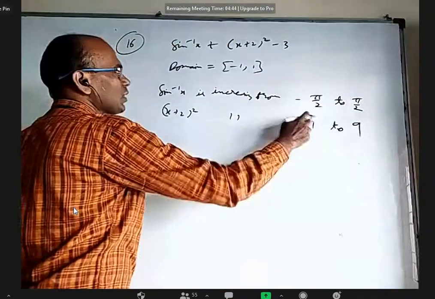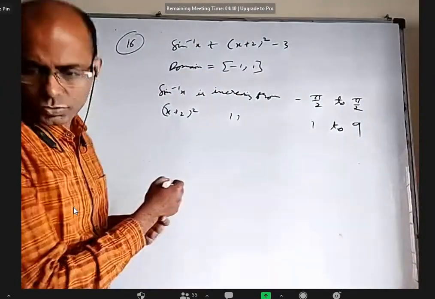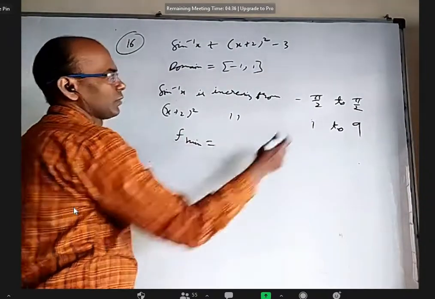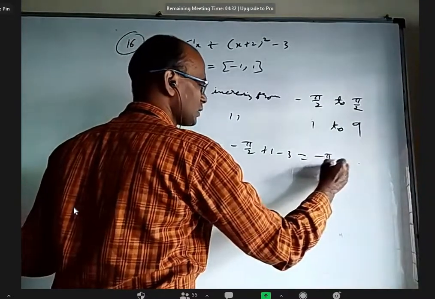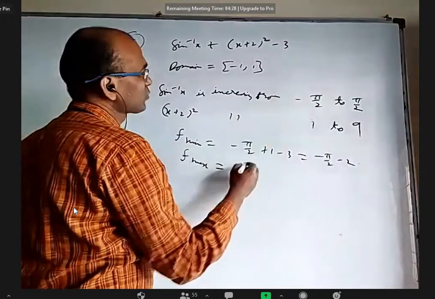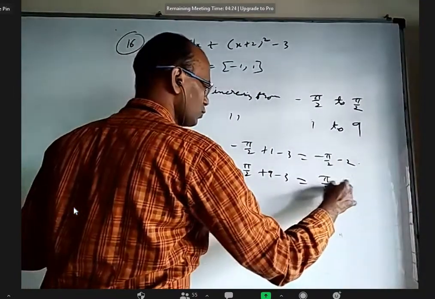Because both are increasing, the final minimum of f of x will be -pi/2 plus 1 minus 3, which is -pi/2 minus 2. And f maximum is at 1, which is pi/2 plus 9 minus 3, which is pi/2 plus 6.